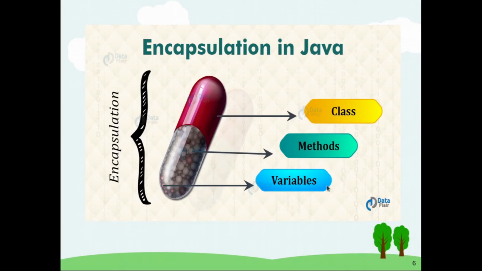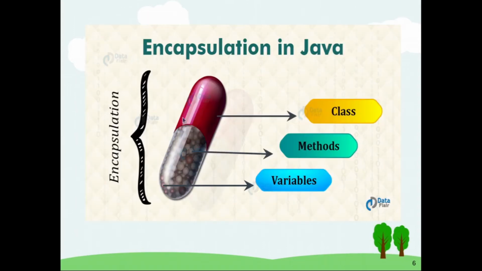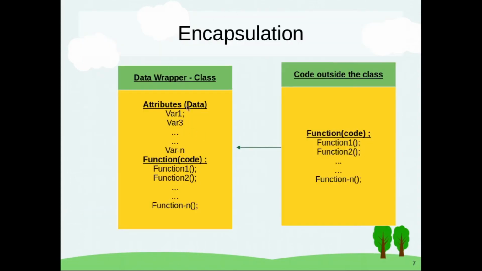Here I said that encapsulation is a wrapper. This wrapper actually refers to a class. The class protects these methods and variables from the outside world. This is another example of encapsulation.